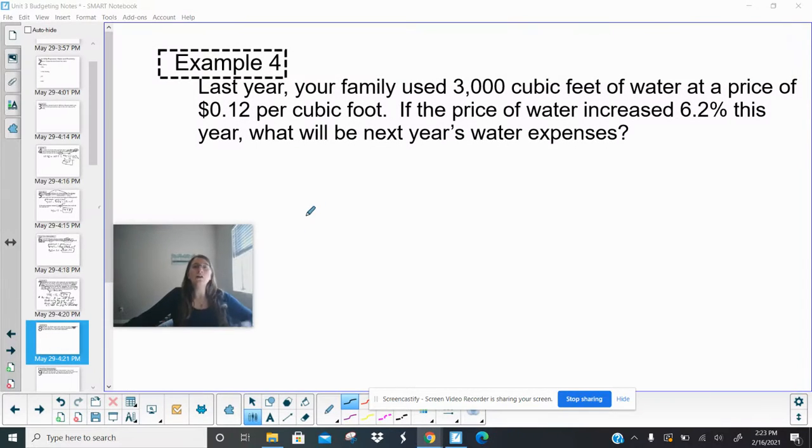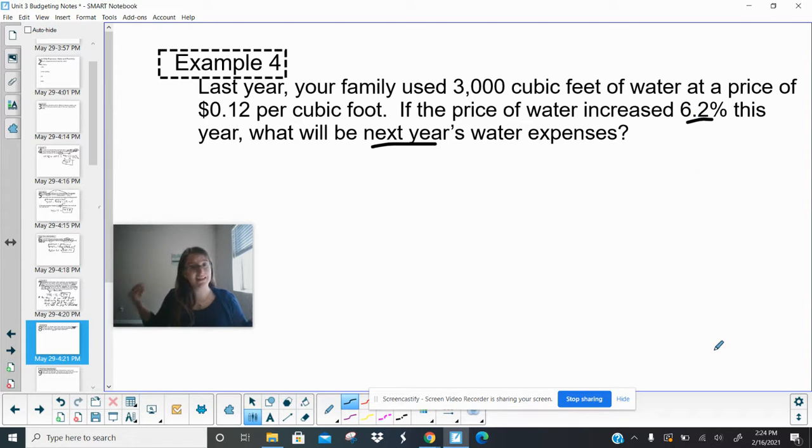Close that out. So the price of water increased 6.2%. We want to know what next year's expenses are. So to start with, it says the price increased 6.2%. So I want to know what that 6.2% is of.